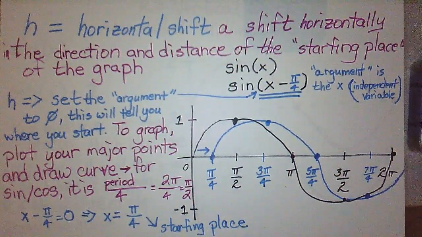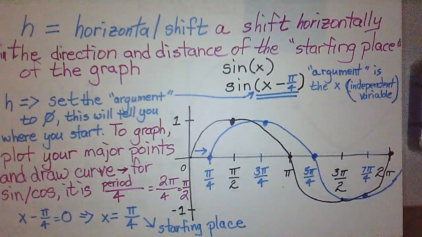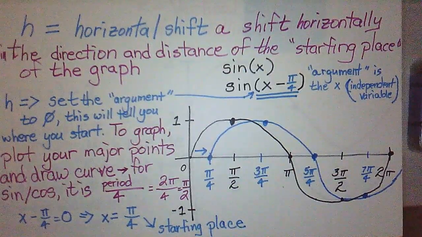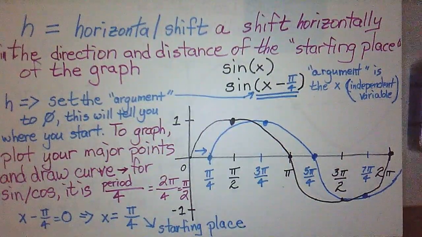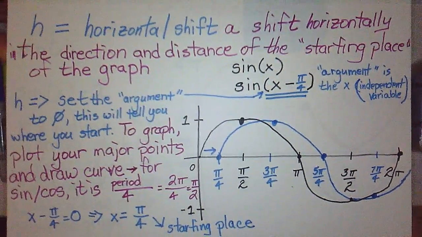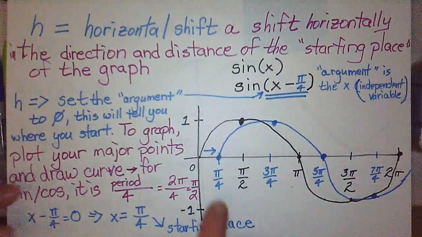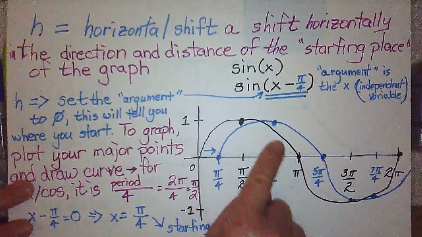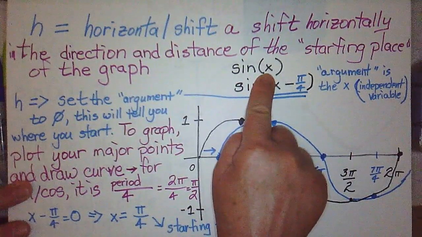Then we have horizontal shift. That's H. The horizontal shift is literally a shift horizontally in the direction and distance of the starting place of the graph. So what does that mean? Well, let's look at the black parent function, sine of x.